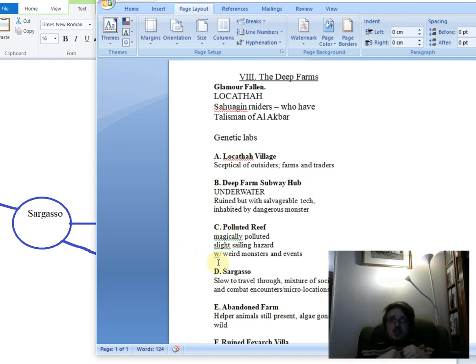Some of which you can see are going to require a lot more work than others. For instance, the steaming geysers and even the Sargasso, which needs its own table, are probably a lot simpler for me to do. And the polluted reef as well. A lot simpler in one way for me to do than the mini dungeons, the genetic labs and the ruined villa.